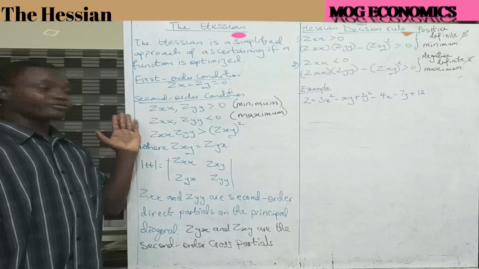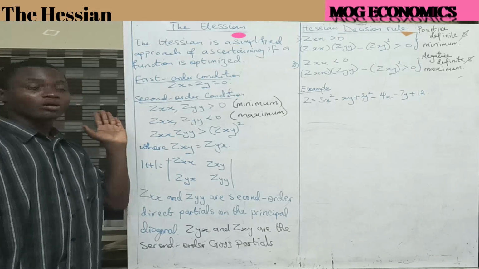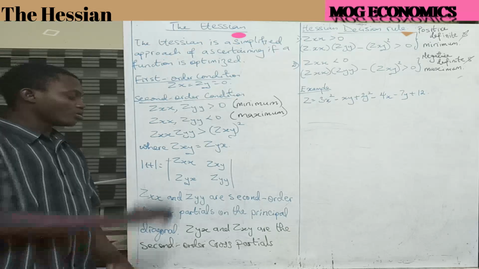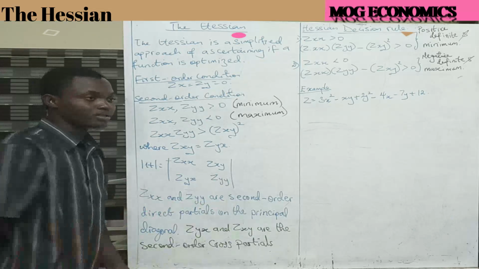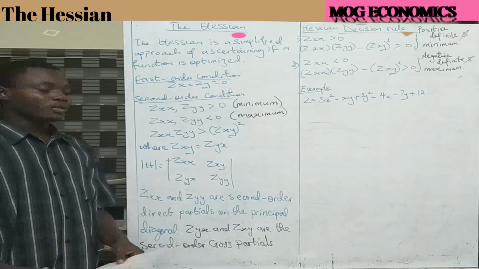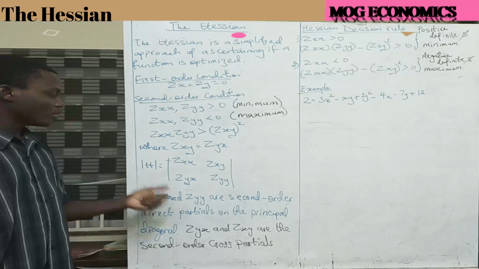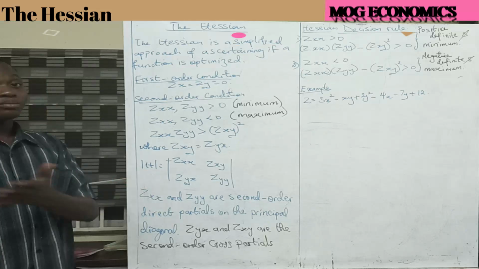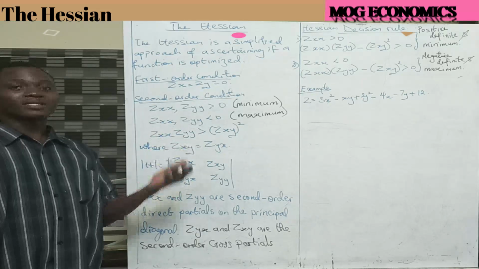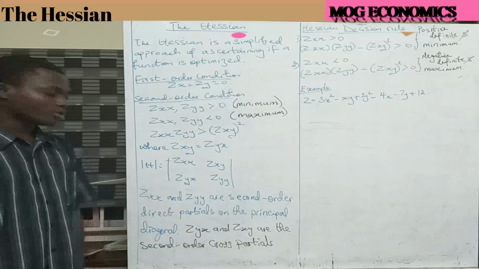It is the line that comes from the left hand side of the matrix down to the right hand side. There is another diagonal, but that's not the principal diagonal. The second order cross partials are off the principal diagonal.